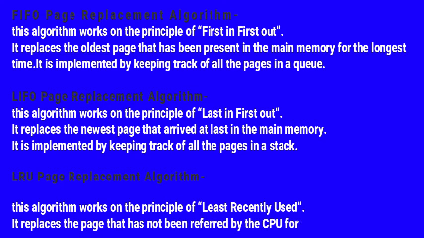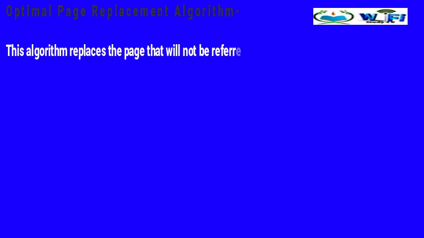Third, LRU page replacement algorithm. This algorithm works on the principle of least recently used. It replaces the page that has not been referred by the CPU for the longest time. Fourth, optimal page replacement algorithm. This algorithm replaces the page that will not be referred by the CPU in future for the longest time.